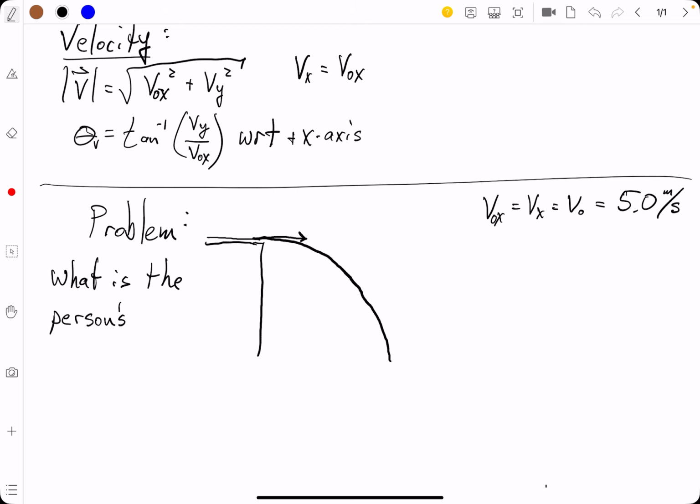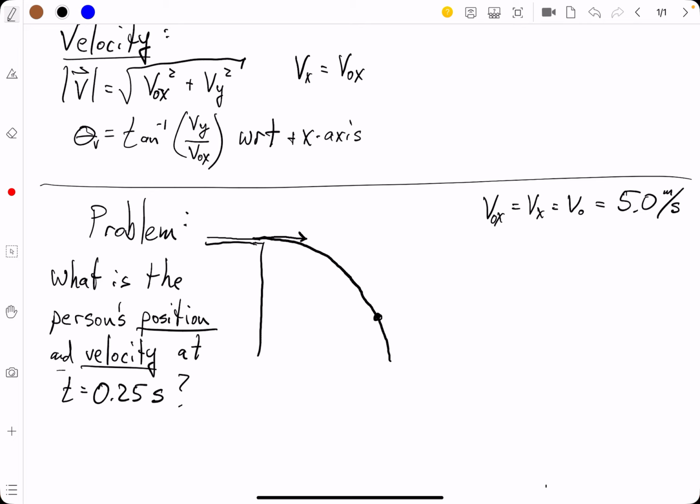What is the person's position and velocity at t equals 0.25 seconds? So we need to know the position and the velocity. We're going to take it in two steps, but I'm going to draw. Here's the tangent to the curve at that point. That's their net velocity, their total velocity when we've added both together.